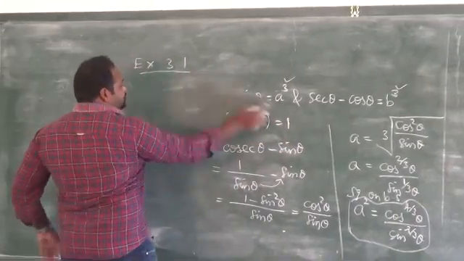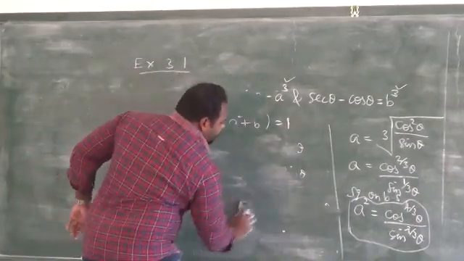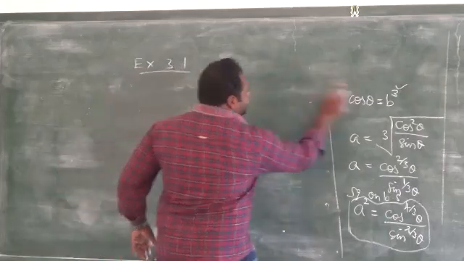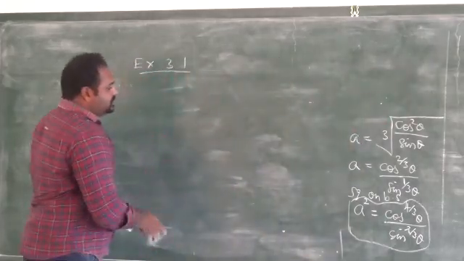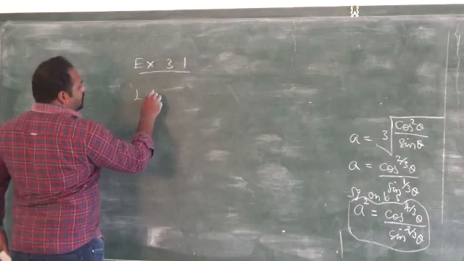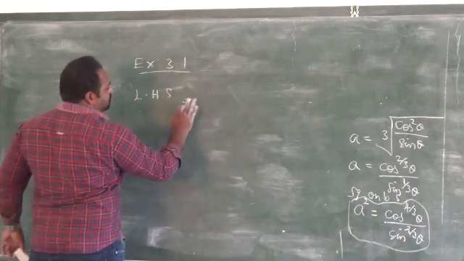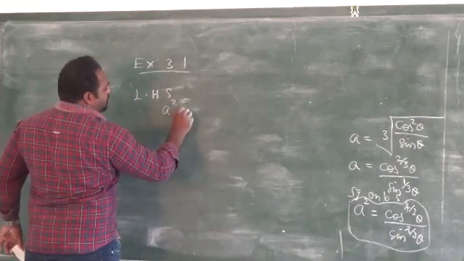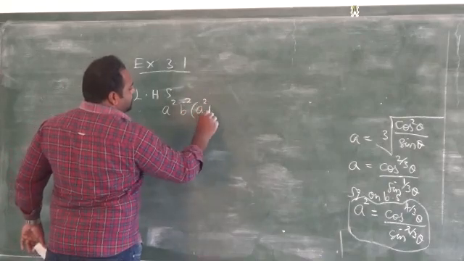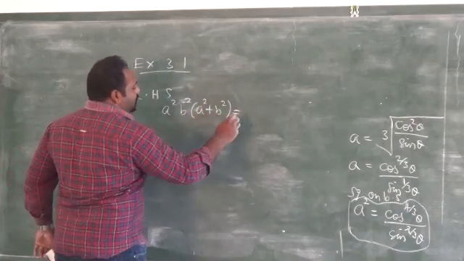So here I am going to take the LHS and apply the values. LHS equals A square B square into A square plus B square. What is A square?